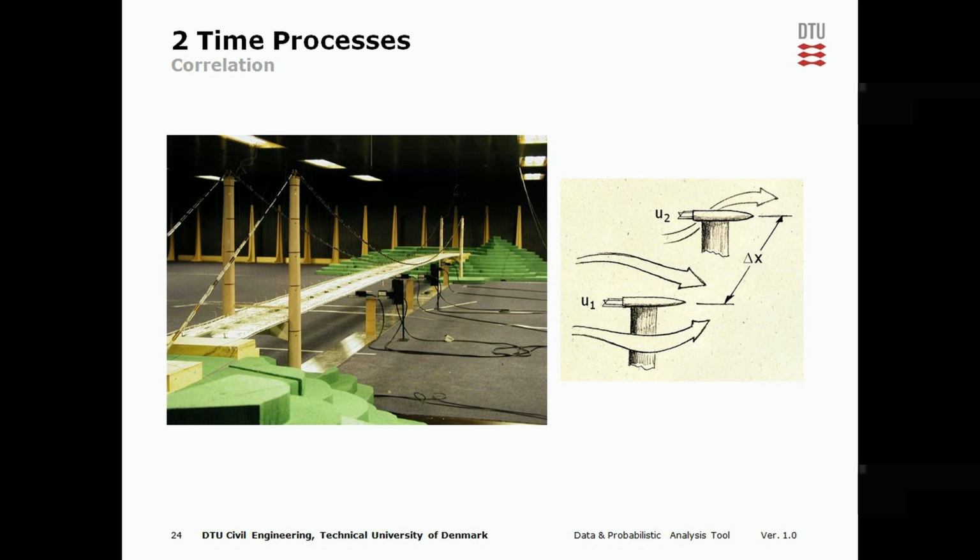By that we could compare the recorded time histories of, let's say, the approaching wind at different points. We could say that the midspan of our bridge deck is the reference point, and the second point is varying in distance along the bridge deck.